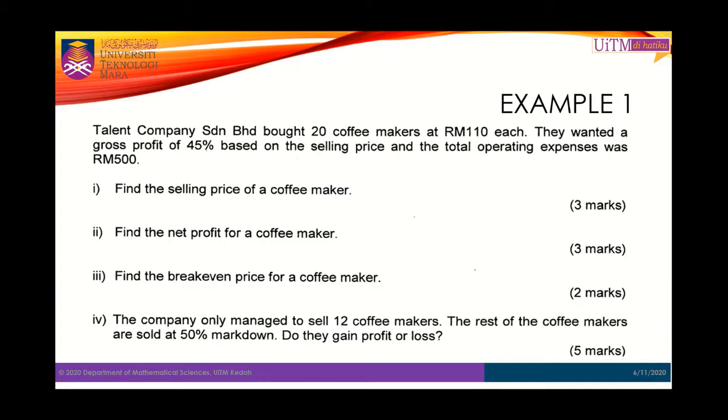Also, the total operating expenses is given as a lump sum value, that is 500 ringgit. So be careful here, the 500 ringgit of operating expenses is actually for the 20 coffee makers. If you want to find the operating expenses for a single coffee maker, then you have to divide the value 500 by 20. So let's continue with the solutions.